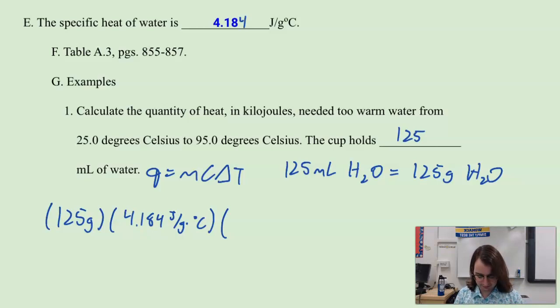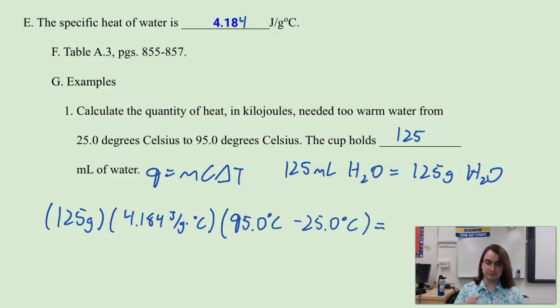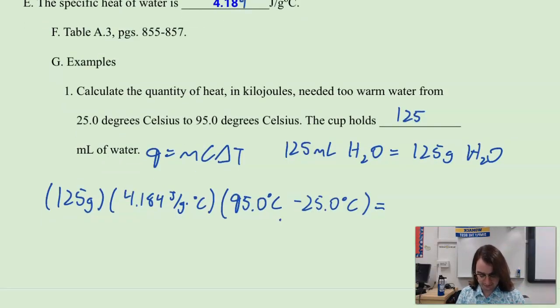Why don't we just do 95 minus 25? Oh, I forgot my units on the 95 there. We're going to make sure that we stay to our sig figs here. This is a problem that requires two different types of sig fig rules. When we subtract 95 and 25, we're going to get 70 degrees, 70.0, which is 3 sig figs when we start multiplying.